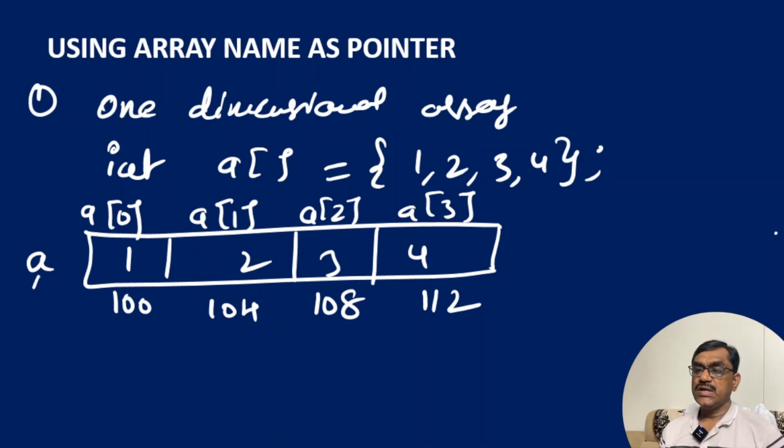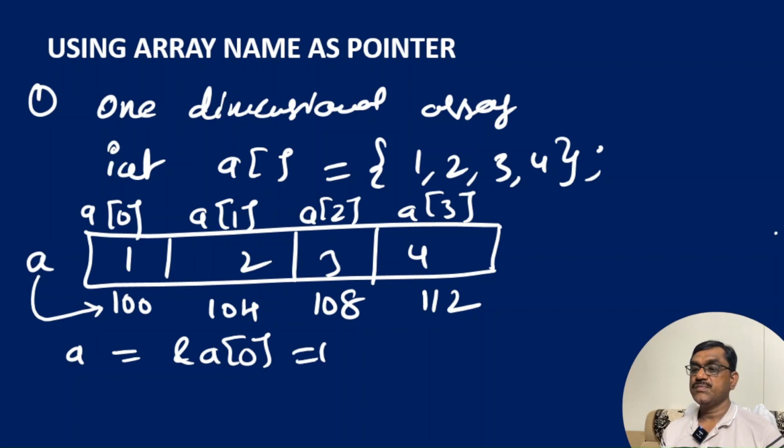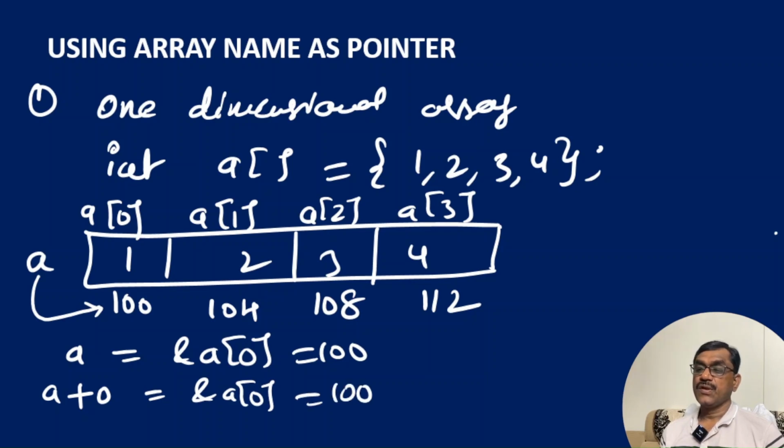We all know that the array name A consists of the base address. That is in the sense A equals to ampersand of A of 0. That means the base address here is 100. Instead of saying A, we can also say A plus 0 equals to ampersand of A of 0. That implies same 100.